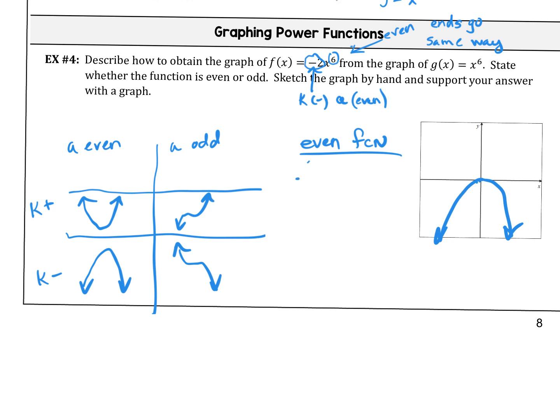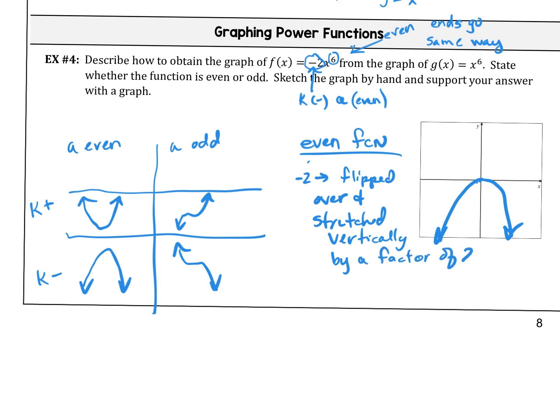So the negative 2 is going to tell me it's flipped over and stretched vertically by a factor of 2. And that's what we know from this, just by looking at that number and the power, the coefficient in front of the power.